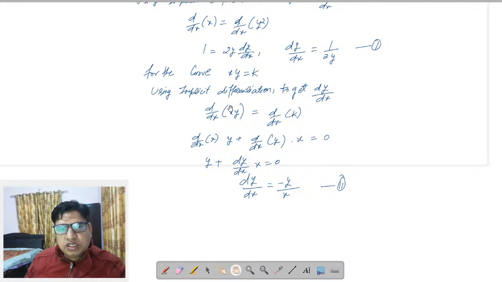Okay, so these two should be perpendicular to each other.